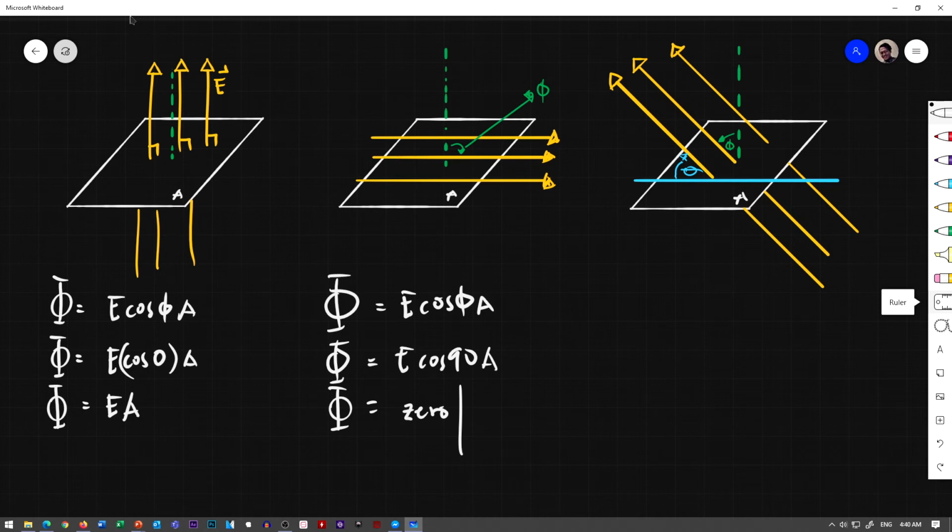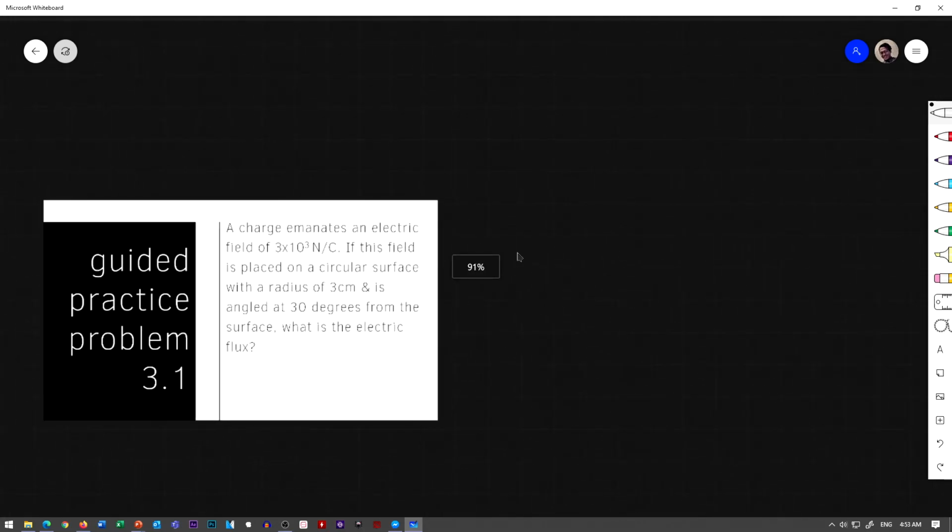So you can just write 0 like this or like this. Okay, then of course, finally, the definition of electric flux. So this is E cosine phi A.